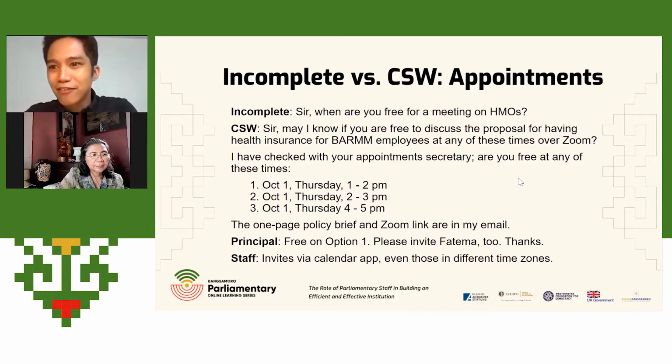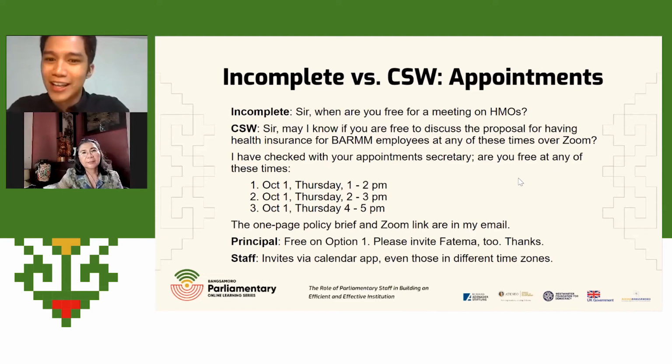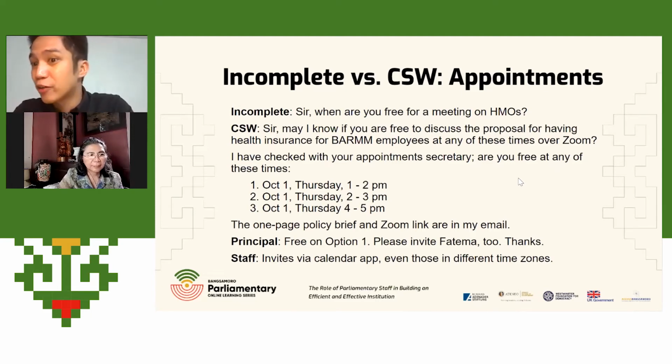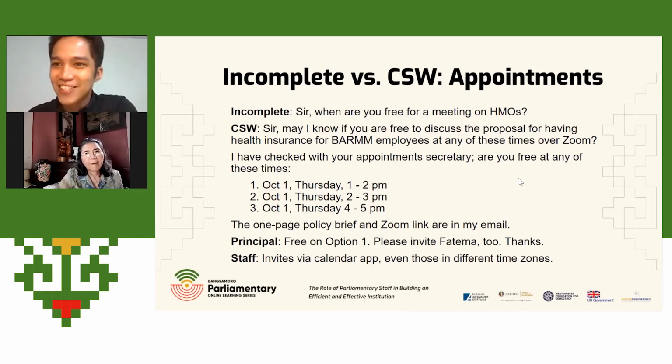And the staff would invite everyone over the calendar app, even those in different time zones, because your staff work is not complete unless you take action on the proposed recommendation, if you are the appropriate person to do it. So that's the quick case example on the most basic of staff operations, which is setting an appointment.